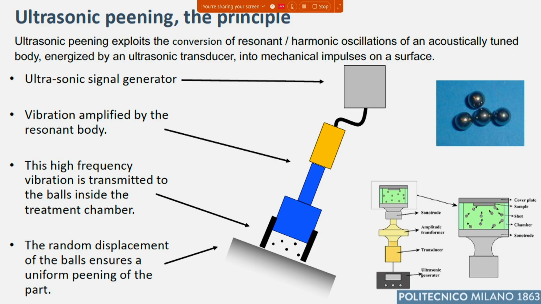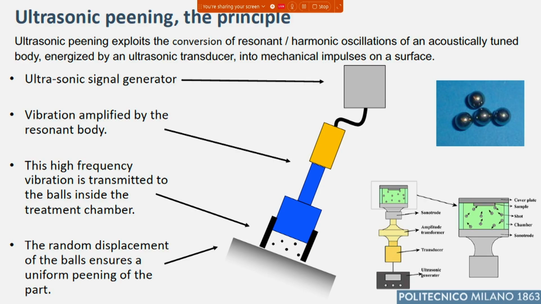Okay, in this case, what do we need? We need an ultrasonic exciter, a piezoelectric exciter, let's say, that works this way. An ultrasonic generated transducer translates the ultrasonic vibration into mechanical vibration, and finally, by means of this sonotrode, we are able to obtain random vibration of the balls that are inside this chamber.